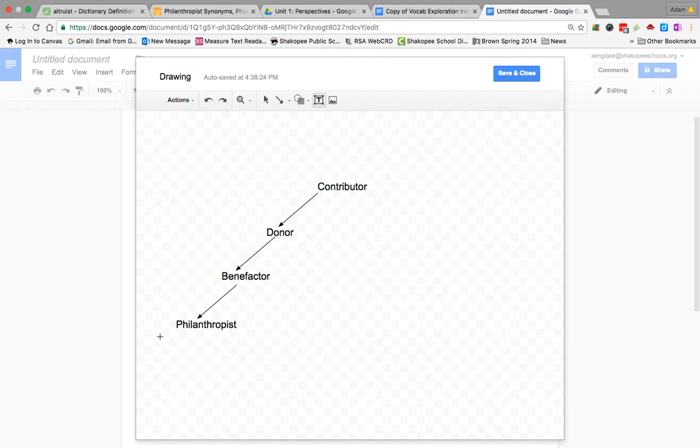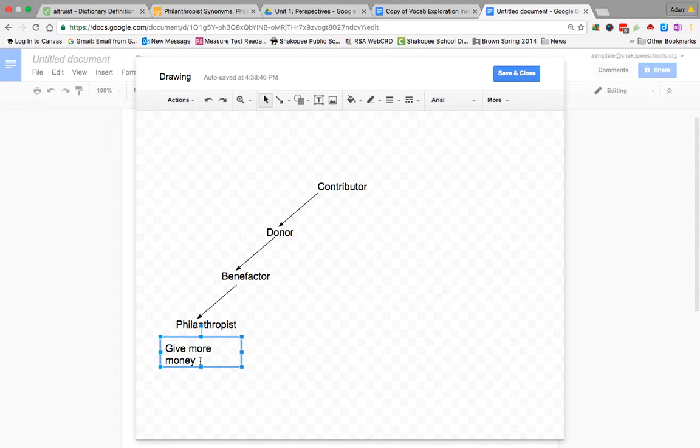So a philanthropist gives more money and a benefactor gives less money. They're still giving a lot, but they're not giving as much, and they're all examples of contributors. So a contributor can be any sum of money. A donor, I feel like, is a little bit bigger than a contributor. So that might be okay. But a donor doesn't have to be money. Like I've mentioned before, it could be organs. So I can't just say more money.